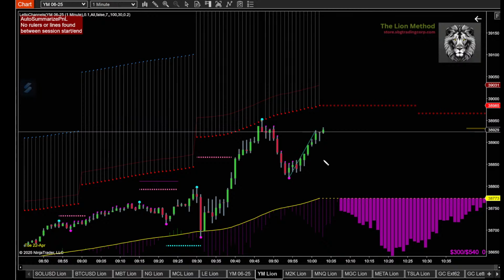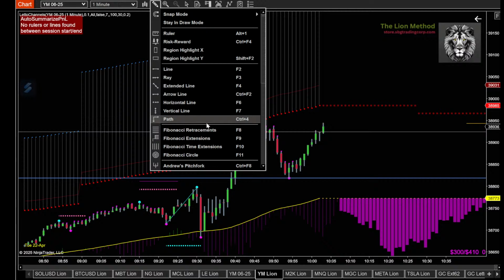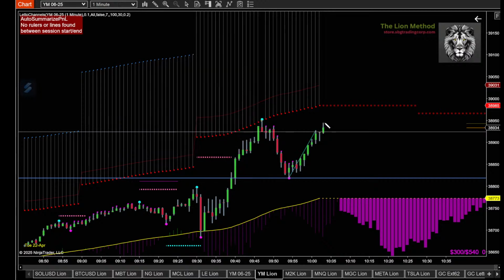Technically speaking, this is our sell level. We had overbought here, and the only extension dot is there. This market could certainly move. I tell you though, if it does move south from here, it'll be a far target.